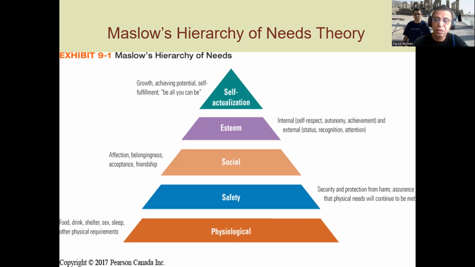And the last thing, once esteem is established, is self-actualization, which is where you want growth, achieving your potential, self-fulfillment, being all you can be, as they say. This is how Maslow looks at it.